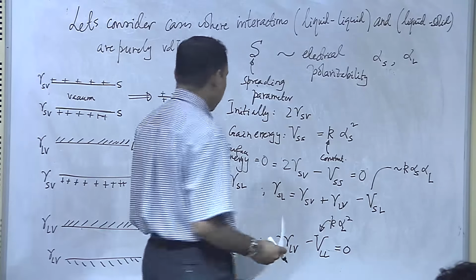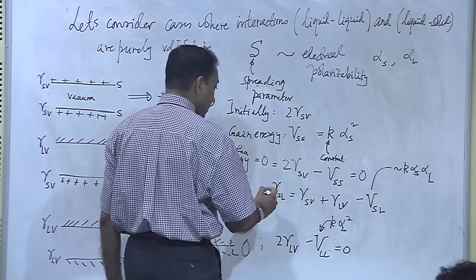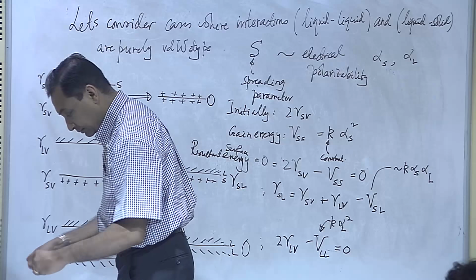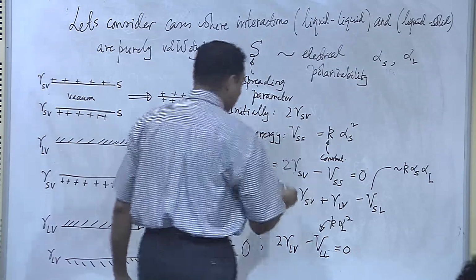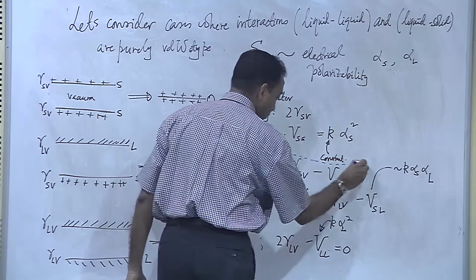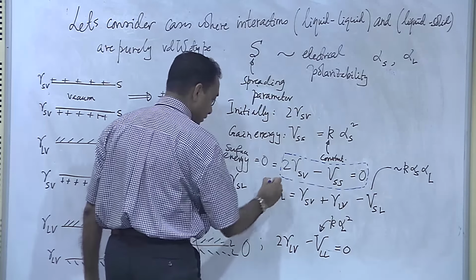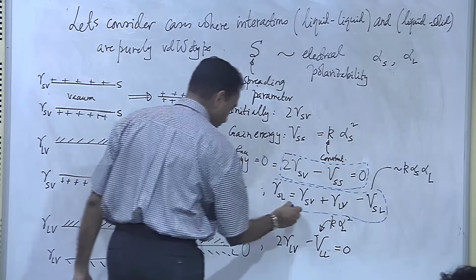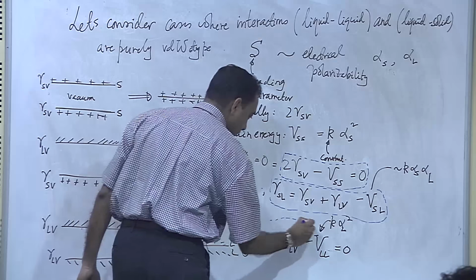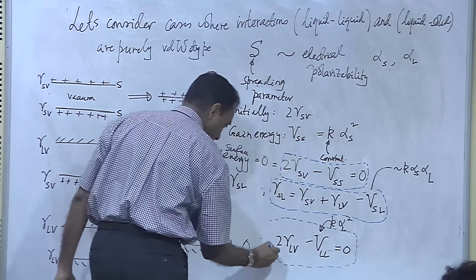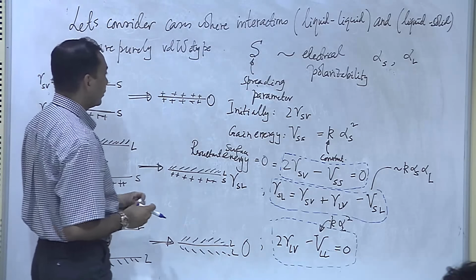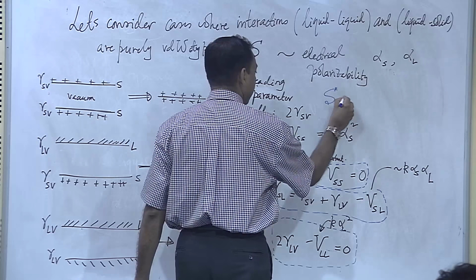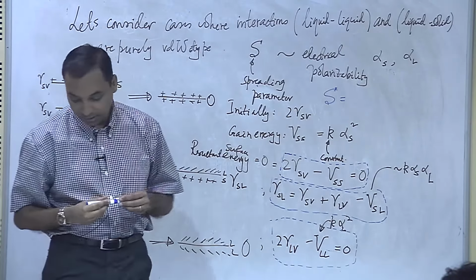So, if these are my key quantities, so this is one quantity, so this is one equation or one constraint rather, this is the second one, and this is the third one. So, if I put all these together, what I will get in terms of the spreading parameter, how I can define the spreading parameter.